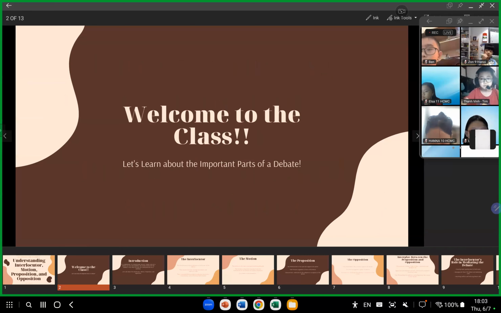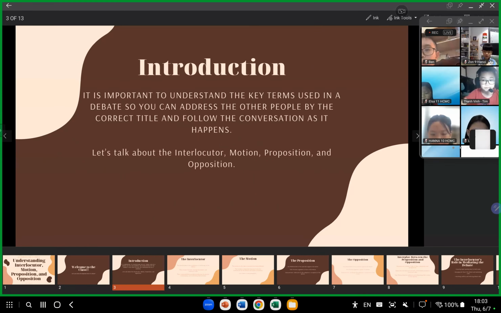So everything that we're going to learn about today, I have mentioned in the past, but we're going to get into a bit more detail of it today. So it is important to understand the key terms used in a debate so you can address the other people by the correct title and follow the conversation as it happens. Because when you're in a debate, these people will just be using language that's very similar to the language that I use when I teach you.